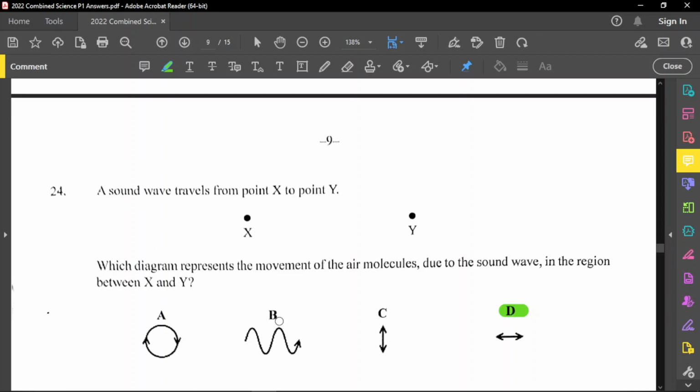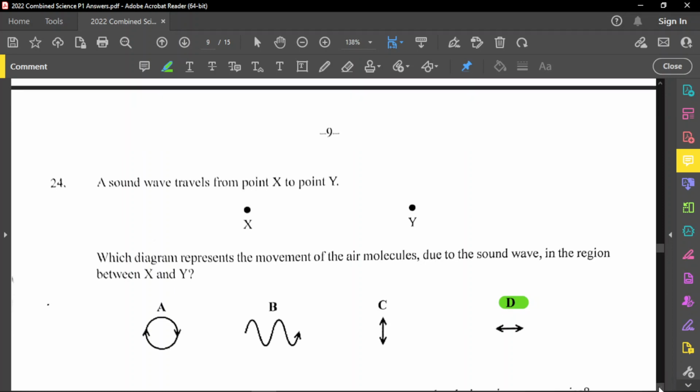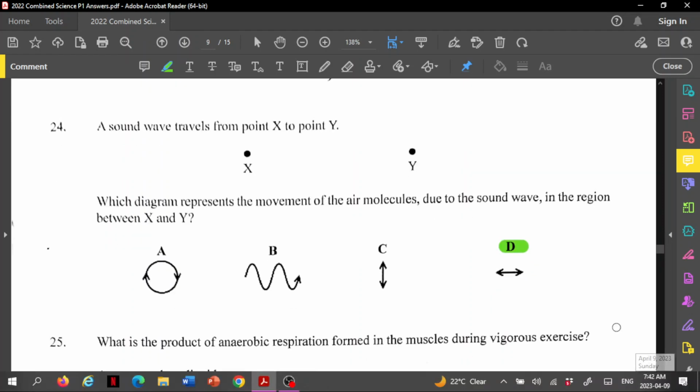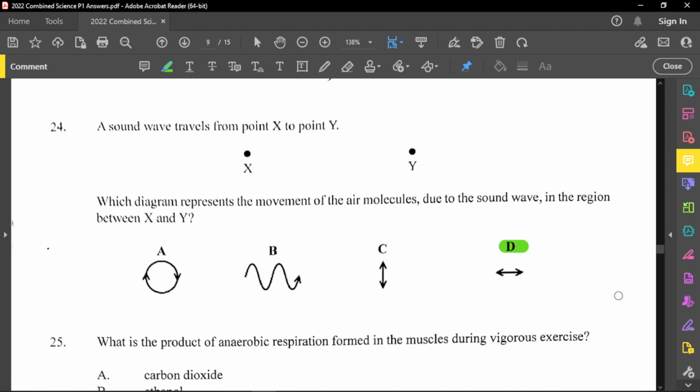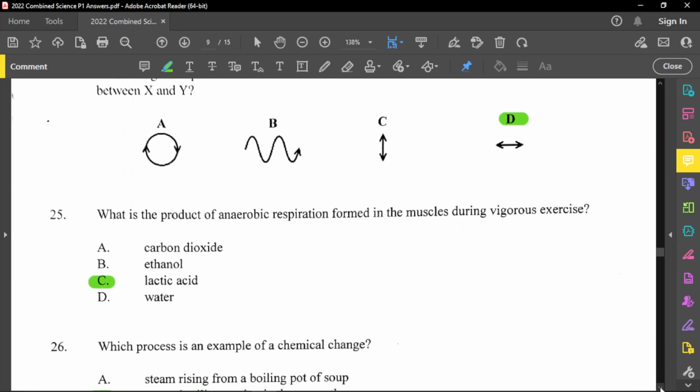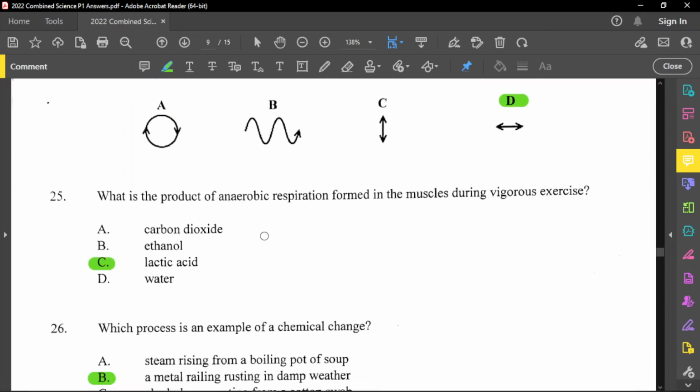B is really for a transverse wave, and a sound wave is not a transverse wave, so you're not going to have that. Up and down, you're not going to have that either, because C is indicating the movement of particles as in B. So the answer here is actually D. All right, and again, because you have the compression and rarefaction, which means a back and forth movement. If you think about a speaker moving, you notice the speaker moves in and out, so it's kind of the same action.